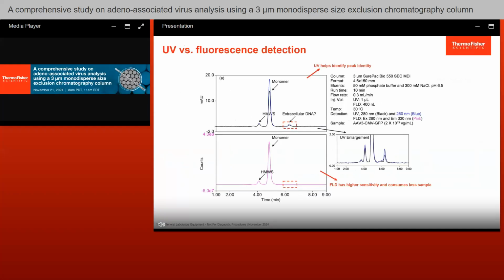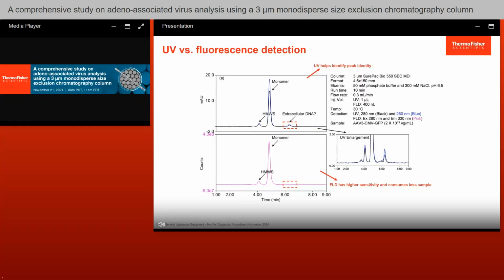Another thing which is also very important is the detection method. Here is a brief comparison of using UV and fluorescence detection. We will also cover some of the SEC-MALS results later in the deck. Each detection method has its own benefits.